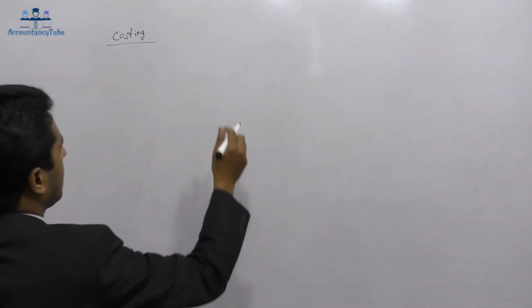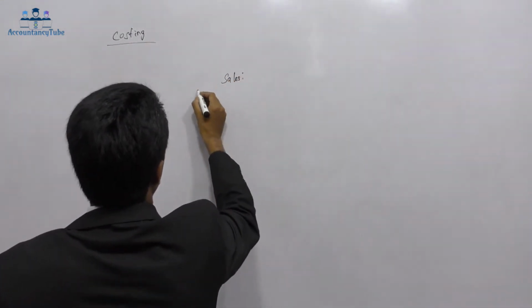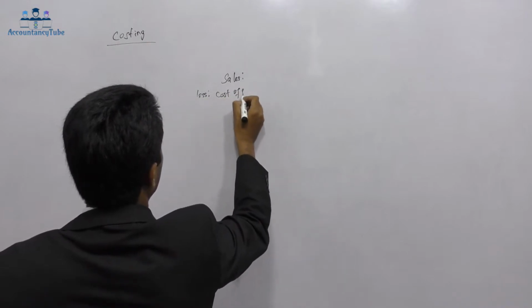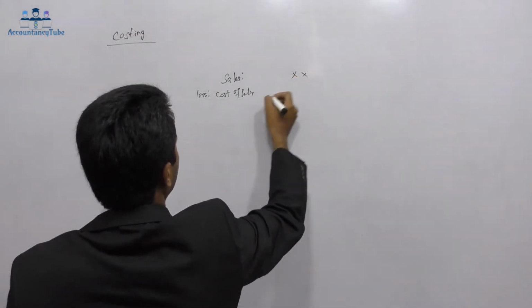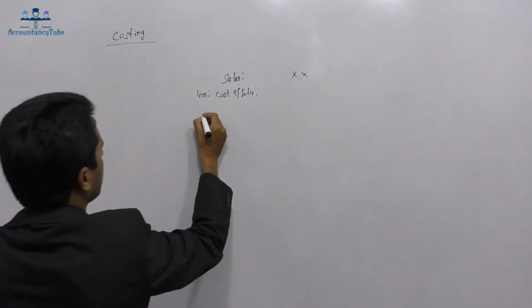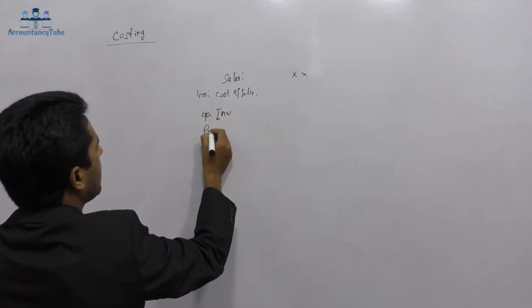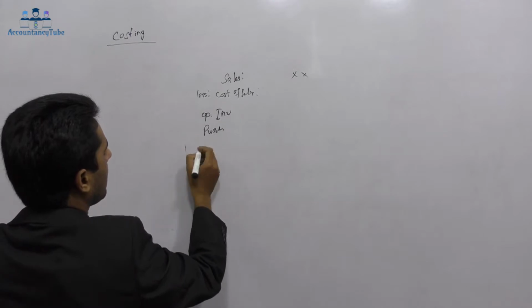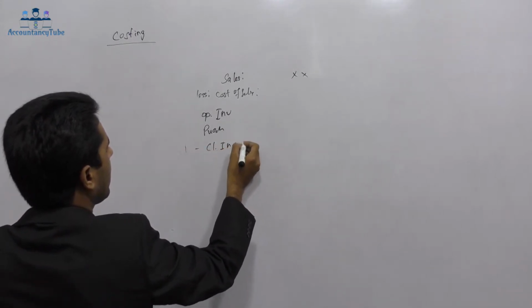Now while calculating the income statement, we take the sales and we deduct the cost of sales out of it, right? And in cost of sales we take the opening inventory, we add the purchases into it, then we deduct the closing inventory, right?